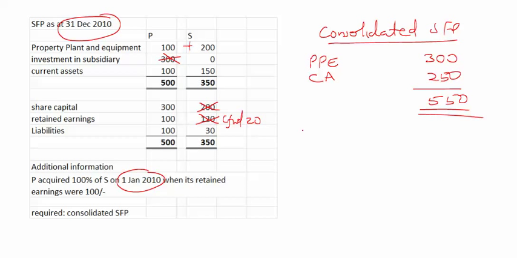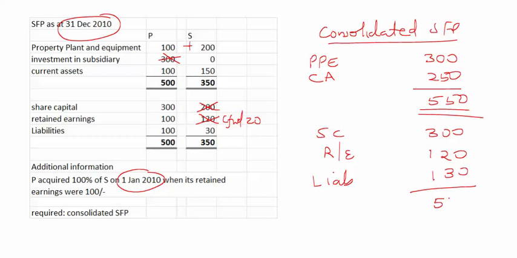Then under equity we shall have share capital, which is the parent's one of 300. Then we have retained earnings, which is 100 plus a carried forward of 20, which gives you 120. Then we have liabilities of 100 plus 30, which gives you 130. When we do our simple addition we get 550, and our accounts again balance.